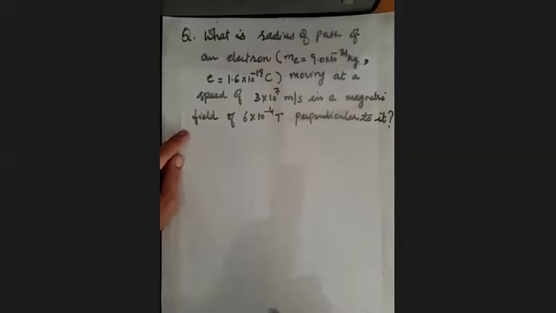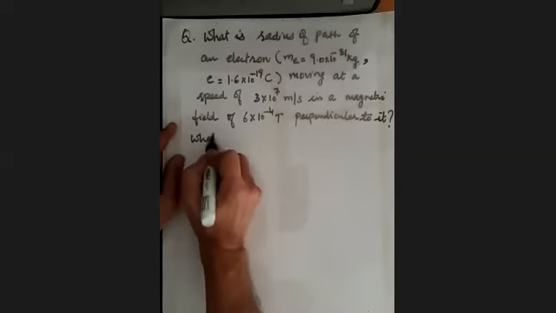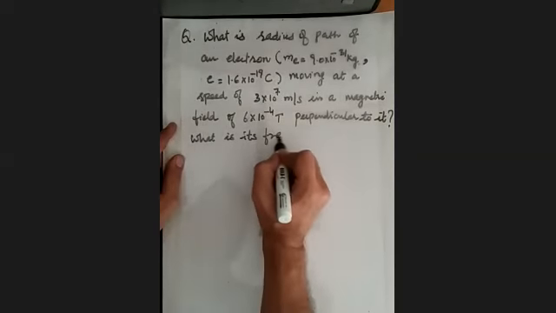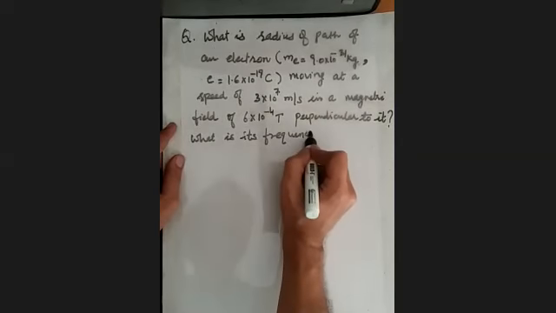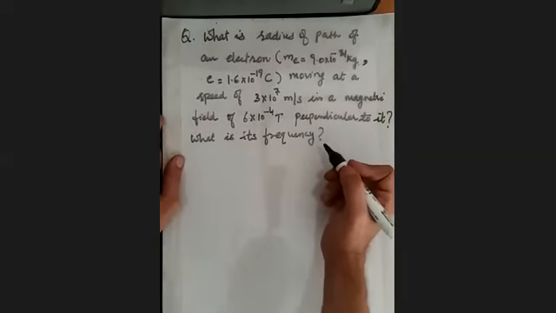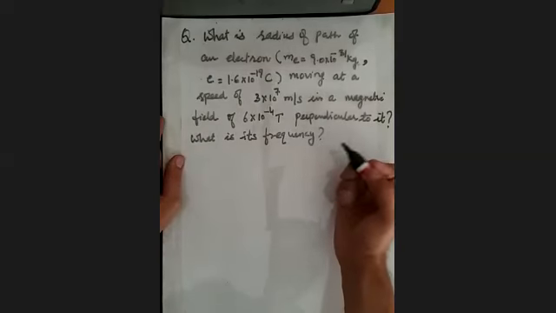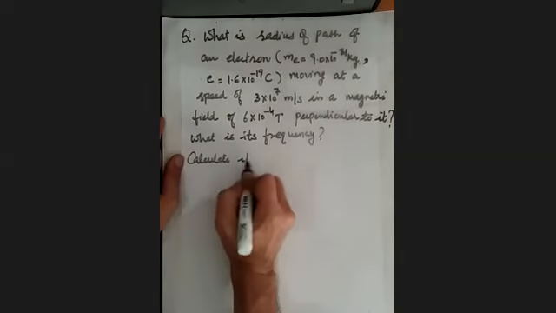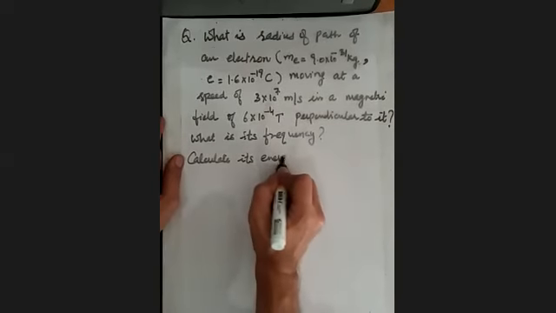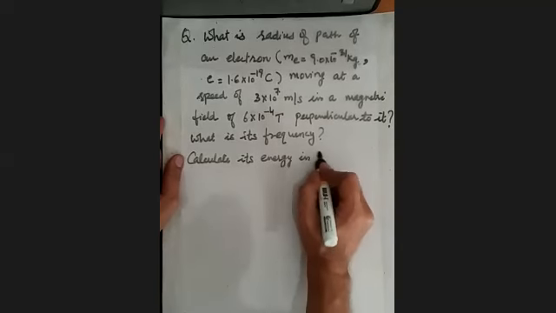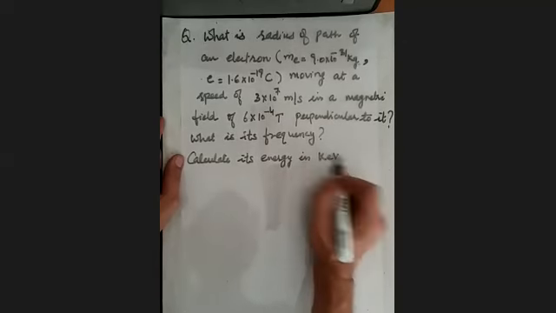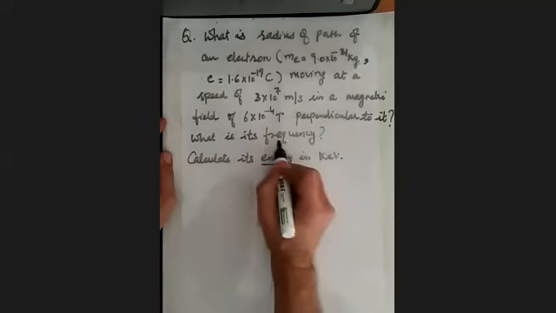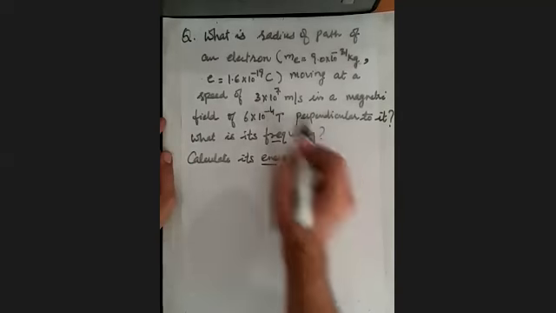So that is what we want to find out. And also we want to find out its frequency, and also calculate its energy in kilo electron volt. So these are the 3 unknowns that we have to find out.